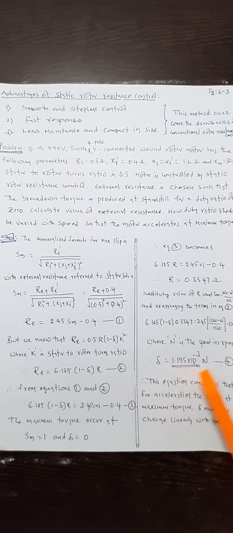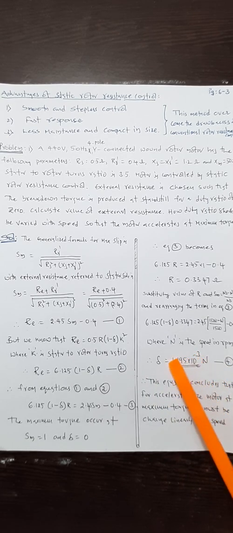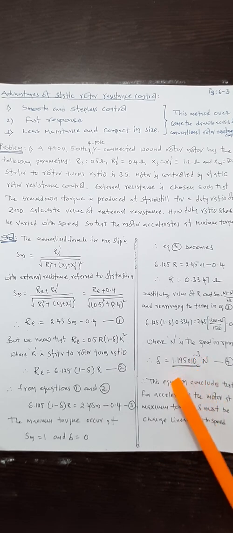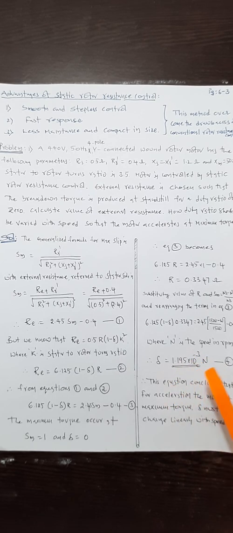So there is a direct relation, but this value may vary from person to person. Check this value and tell me what your final value is. My value is this. If you are also getting the same value, no problem. If not, inform me in the interactive session.